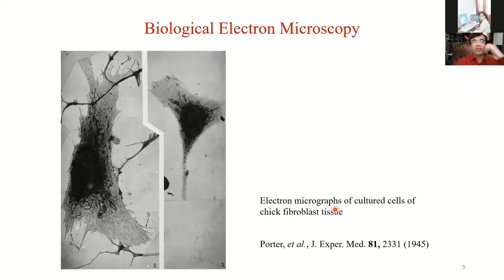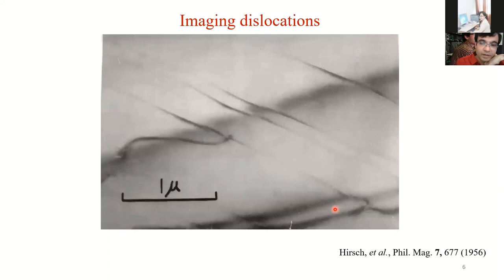And then biological electron microscopy flourished in the 40s, and people started using transmission electron microscopes for analyzing biological samples. Then Peter Hirsch in the 50s thought of using the TEM for characterizing materials.